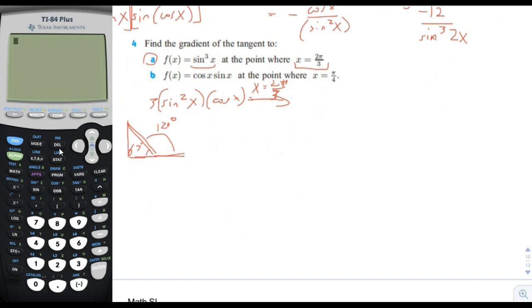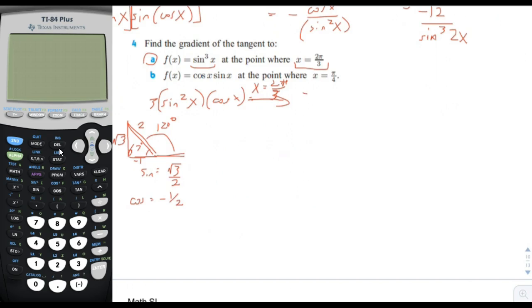The sine of the angle is equal to square root of 3 divided by 2. The cosine of this angle is equal to negative 1/2, because it's in the left side direction, so it would be negative 1/2.